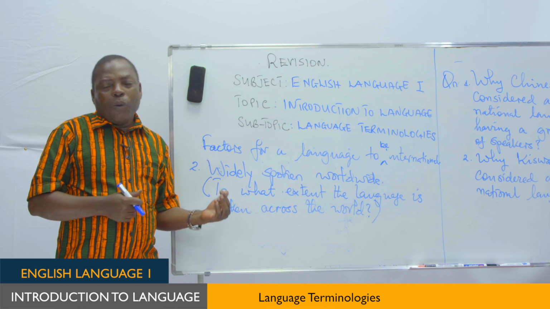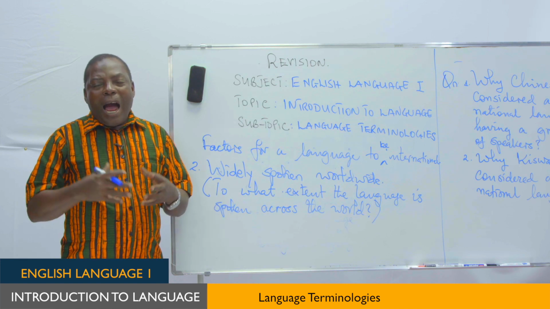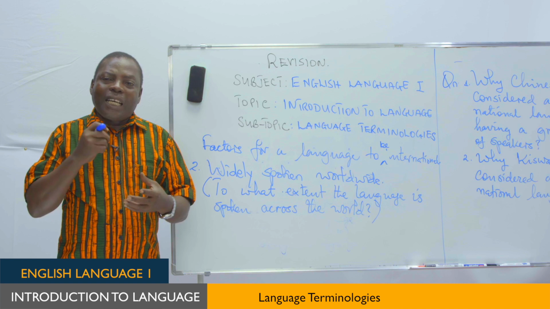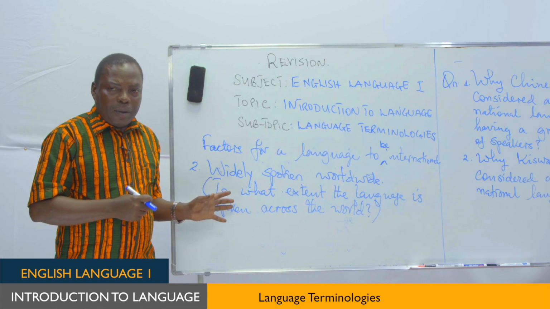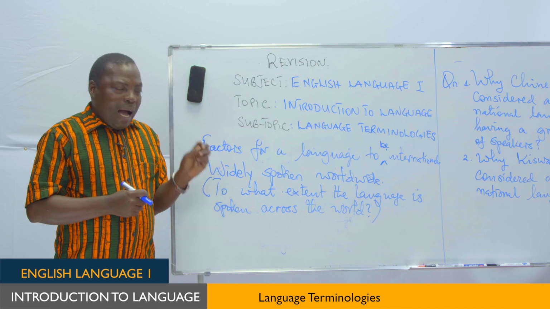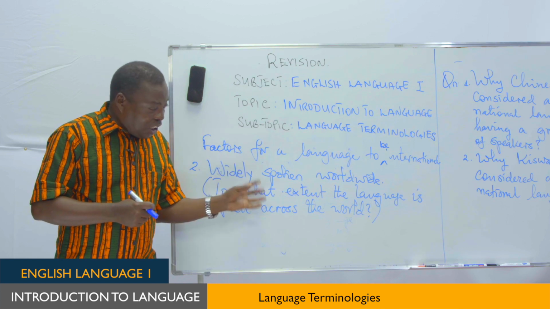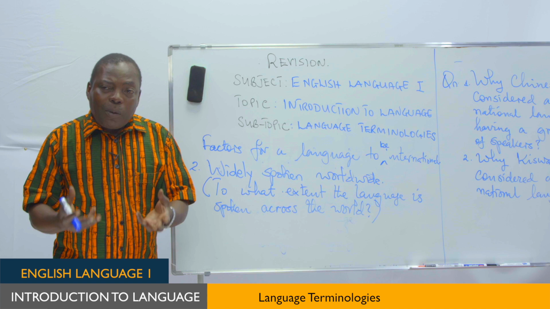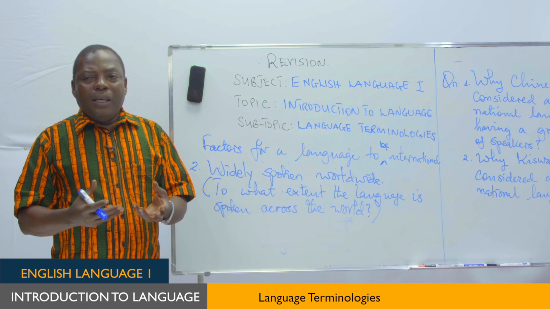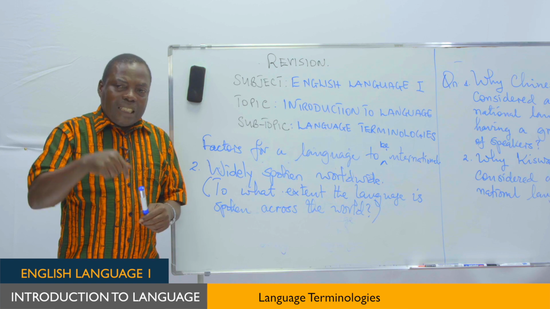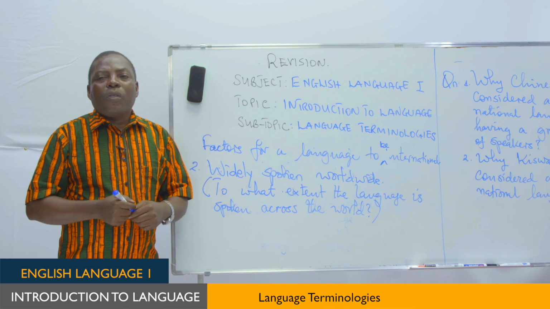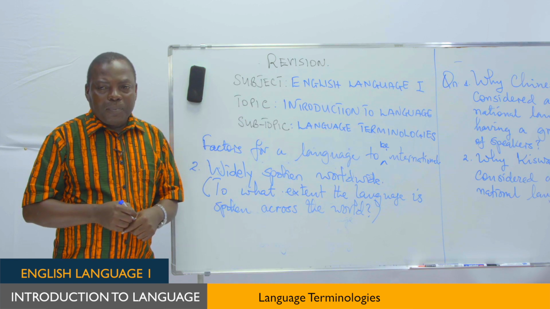So here we are referring to how many nations, how many countries speak the language, how many nations use the language in their communication, whether internally or with other people outside the country.